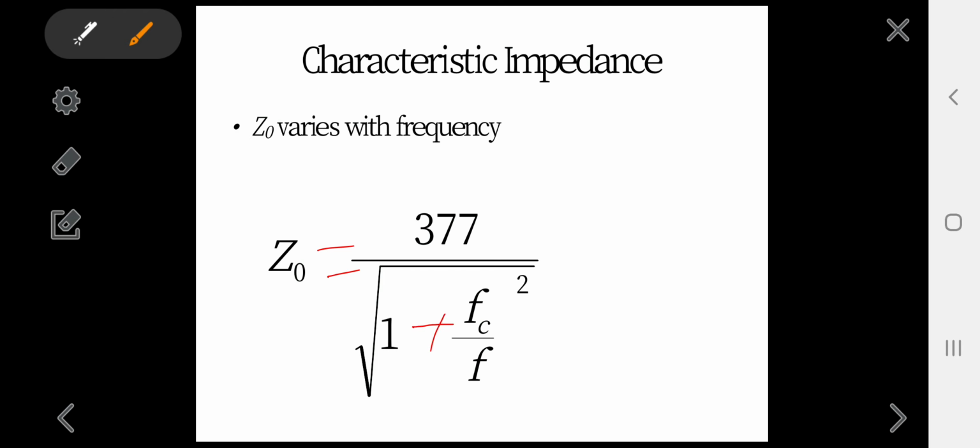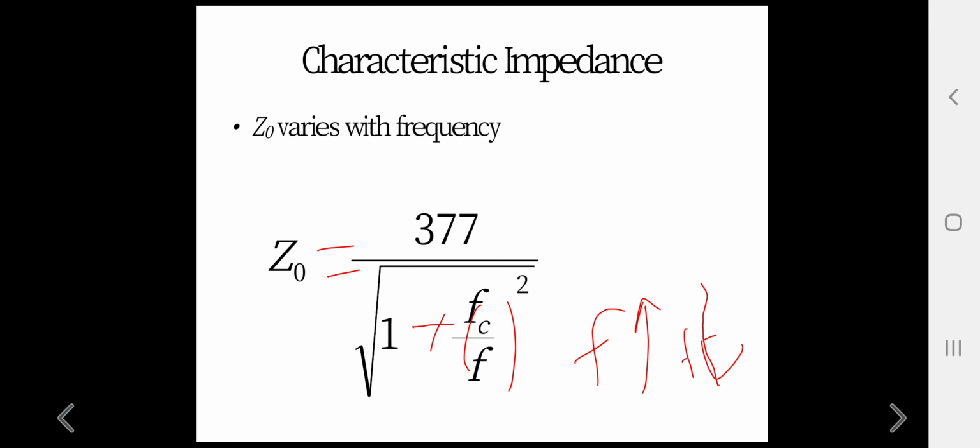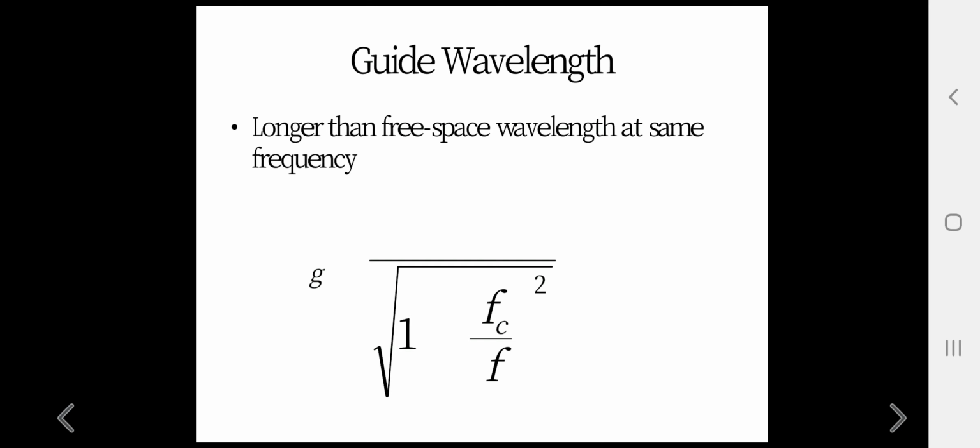When the frequency is increasing, Z0 will change, and when the frequency is decreasing, Z0 has a different value. Similarly, the longer free space wavelength at the same time is called the guided wavelength.